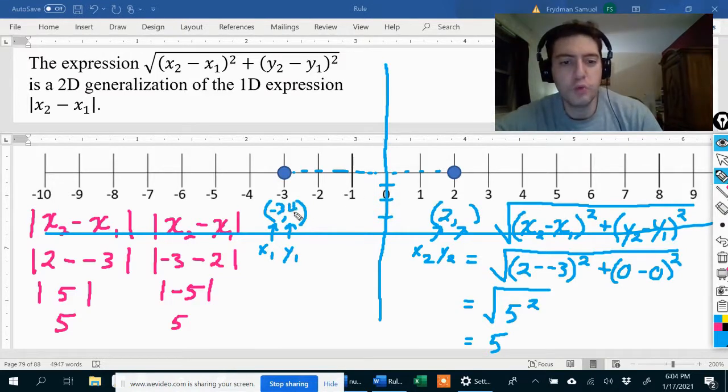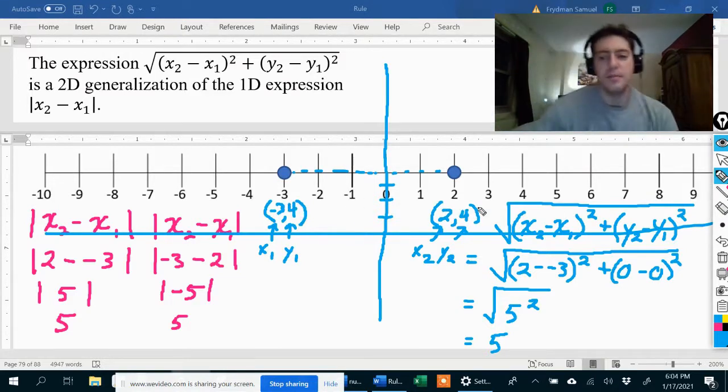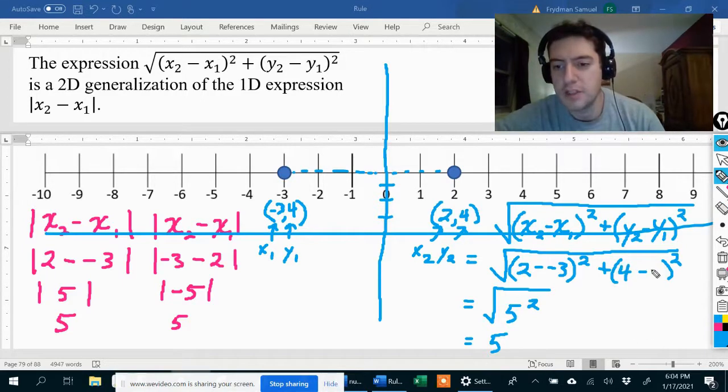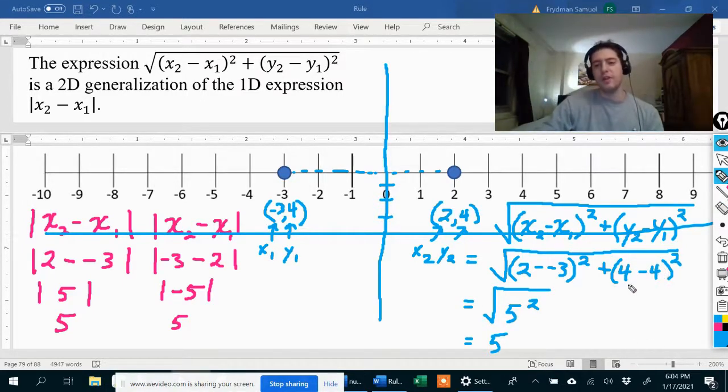Again, it really wouldn't make a difference, because then when we just plug in y2 minus y1, we would get 4 minus 4, which again is just 0, and then 0 to the second power is still 0.